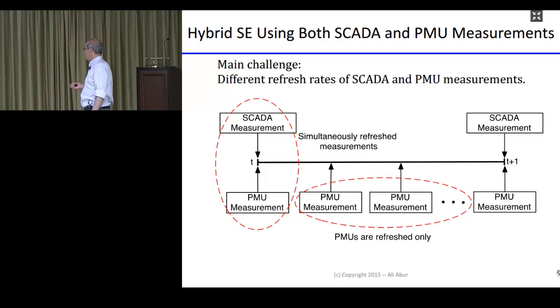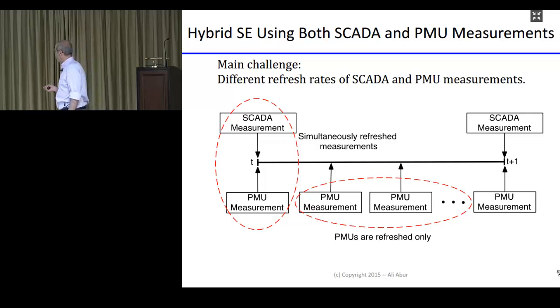Given the fact that PMU measurements are available 30 to 50 times a second, you can imagine, between two scans of SCADA, every 2-3 seconds, you will receive almost 100 or more PMU measurements because of their pace. So we are looking at a situation like this. You receive SCADA, and then for a while you don't receive any SCADA, you receive PMUs, and then of course you receive SCADA again, and so forth.